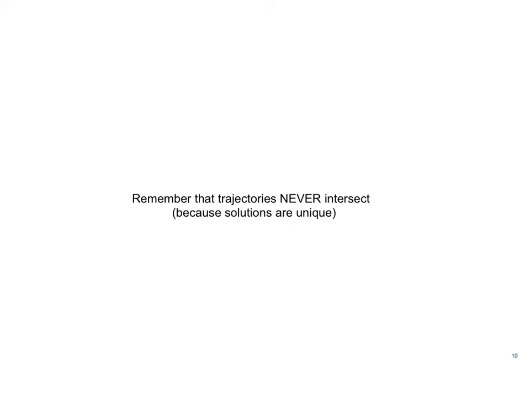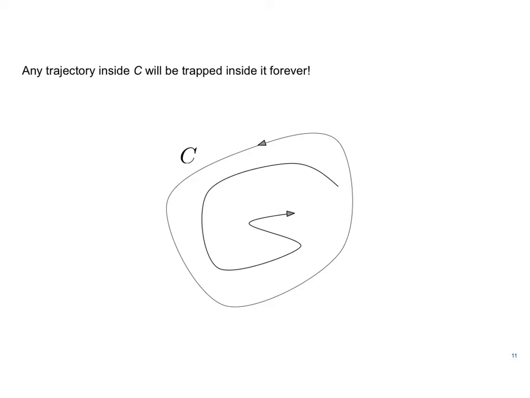We will have the advantage in the analysis that trajectories never intersect because solutions are unique, which means that we don't have trajectories that cross, and this is very nice. Imagine, as I showed you just before, we have this limit cycle, a closed orbit. And you position a point inside. As time elapses, this point will move in the phase plane.